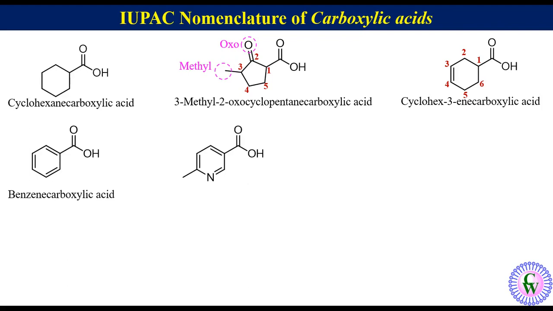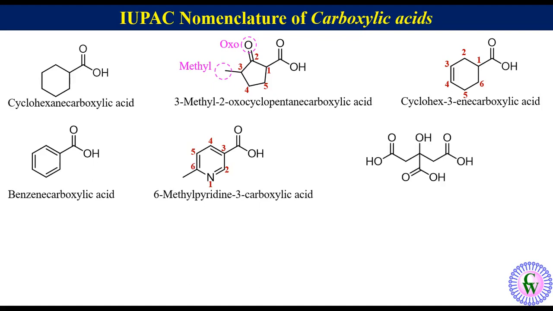So the numbering will be 1, 2, 3, 4, 5 and 6 like this. Here we can see that the position of the carboxylic acid is 3 and that of methyl is 6. So the IUPAC name will be 6-methyl pyridine 3-carboxylic acid.